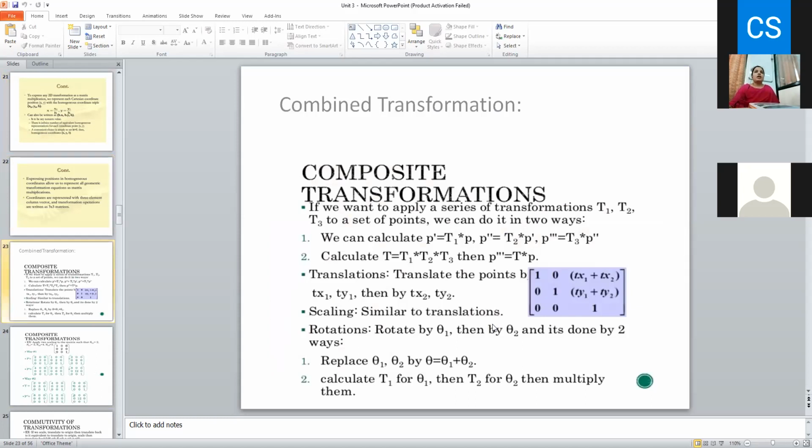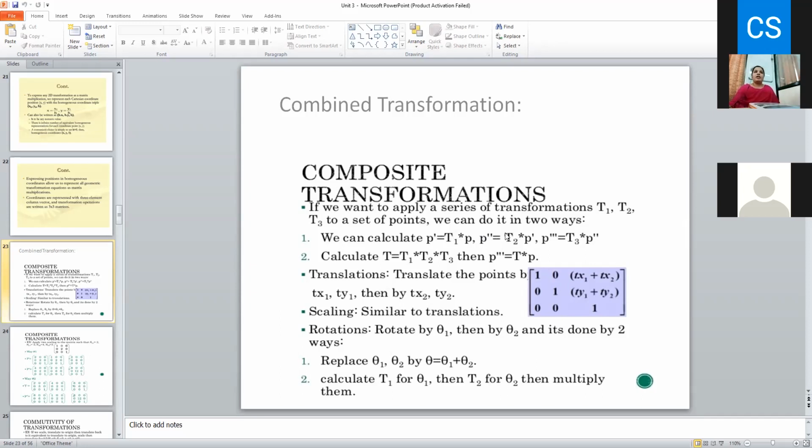Then we have seen the combined transformations. In the combined transformation, the order of the operation is very important. There are two ways to perform the combined transformation. One is, on the original matrix P, I apply the first transformation, which gives me P dash.